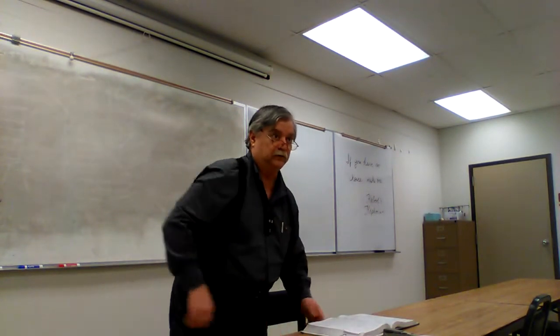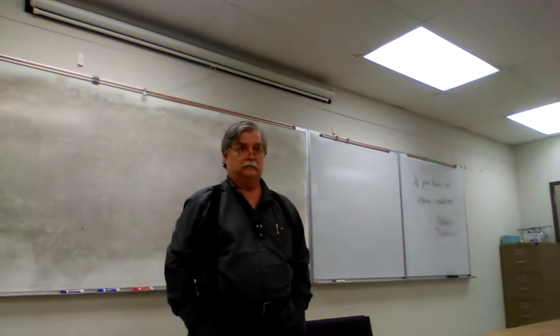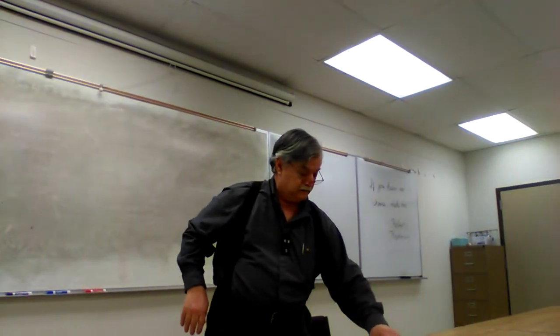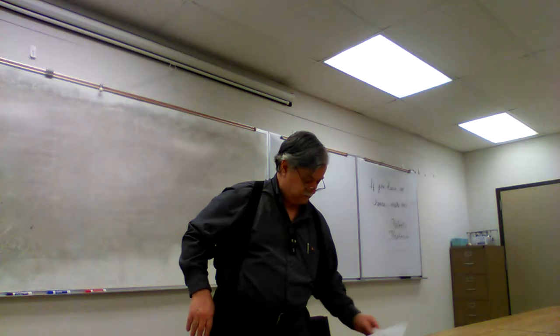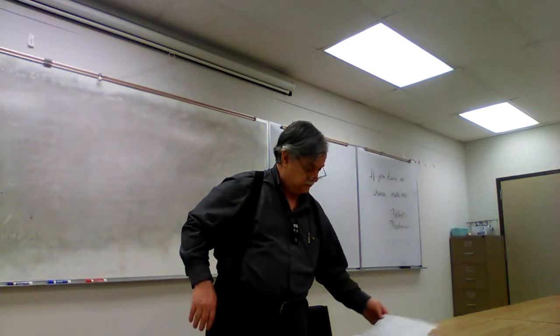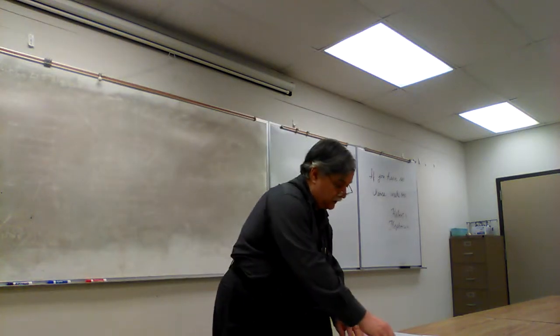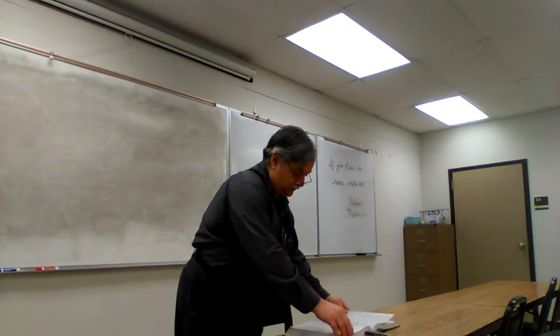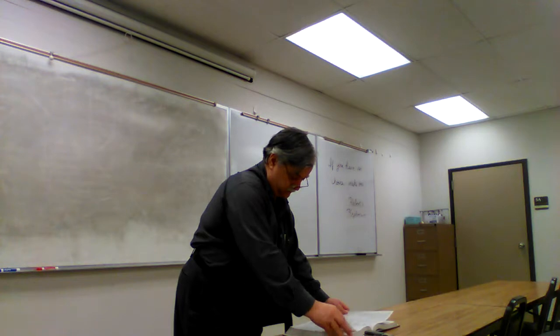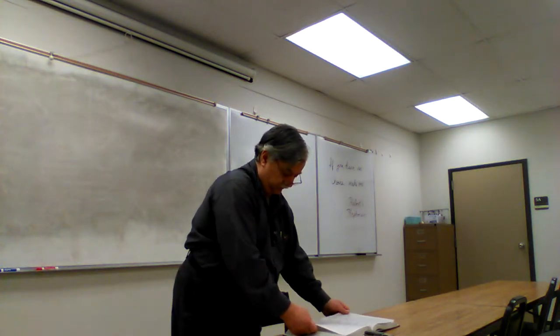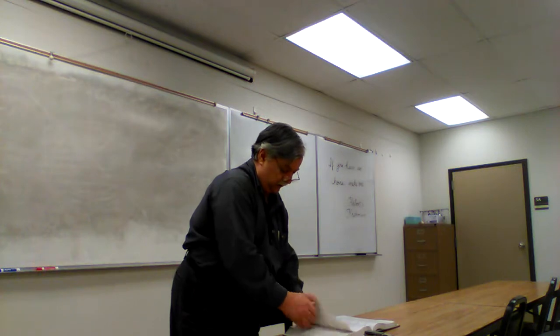Who has questions from either week's homework? Problem 25: Draw approximately the electric field lines for two point charges, plus Q and minus 3Q, which are a distance L apart.